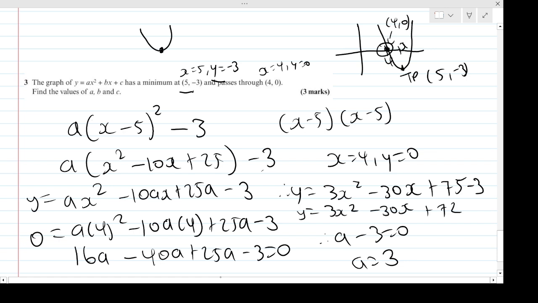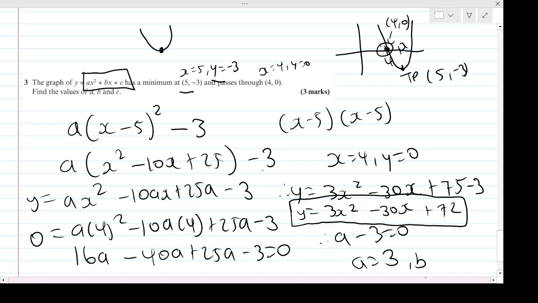Okay, and there we are. That is our quadratic found. And therefore it's set to find the values of a, b, and c, where a is 3. And then if we read off what they've given us in the answer here, b is clearly going to be minus 30. Here, right, minus 30. And c would be 72. And there we are. Cool.